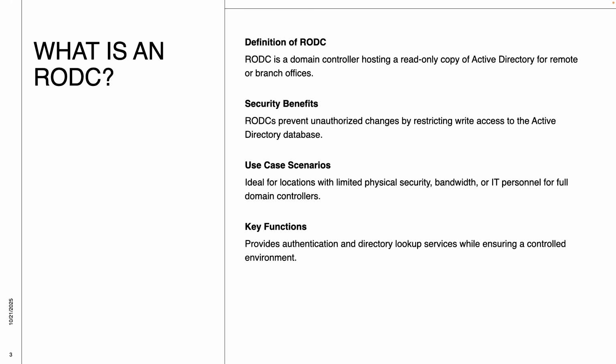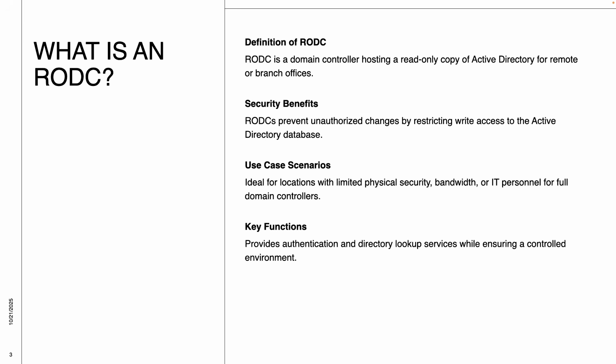Unlike traditional writable domain controllers, RODCs do not allow direct modifications to the Active Directory database, which is a good solution for small branch offices where we have poor security or a lack of IT staff. This read-only nature enhances security by preventing unauthorized changes and reducing the risk of data compromise.